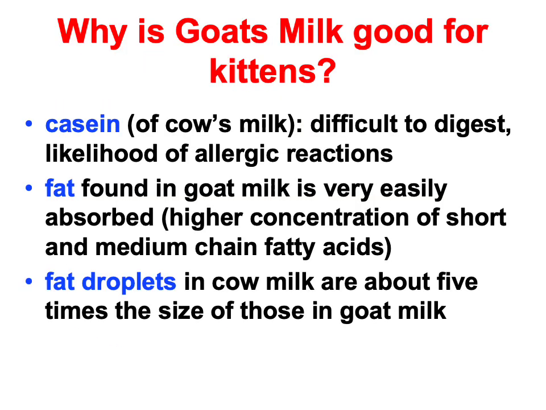It was mentioned that goat milk is preferred over cow milk as a basis of this homemade milk replacer. Why is goat milk better for kittens and puppies? In cow's milk, the casein has a relatively large molecule mass, difficult to digest, and the likelihood of provoking an allergic reaction is great.